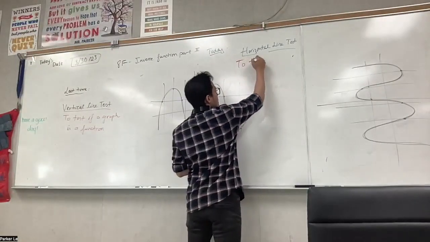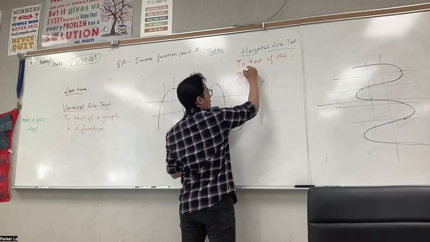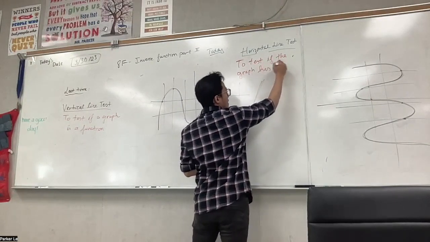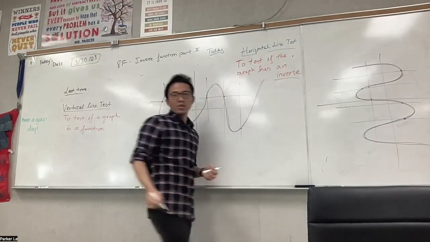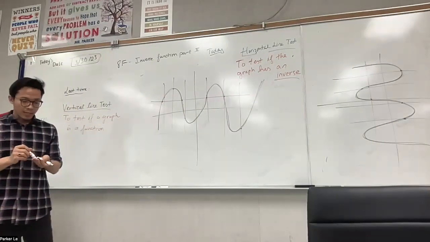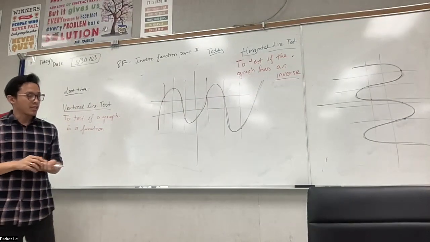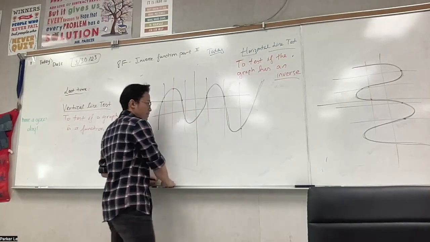The horizontal line test is to test if the graph has an inverse. So you write this first, and then you write this.